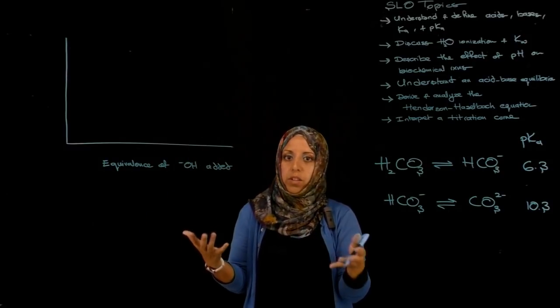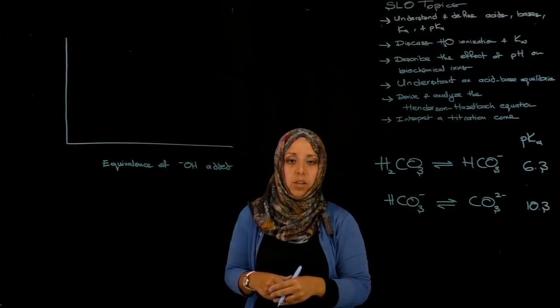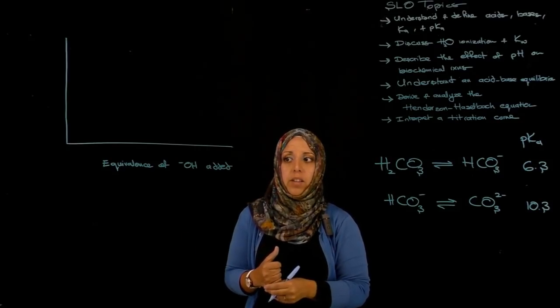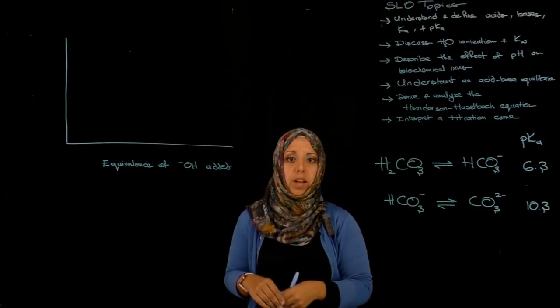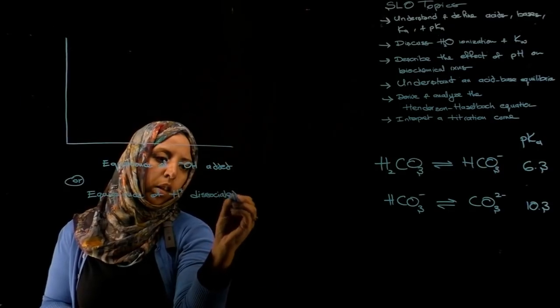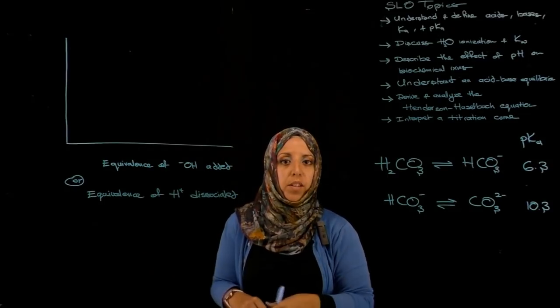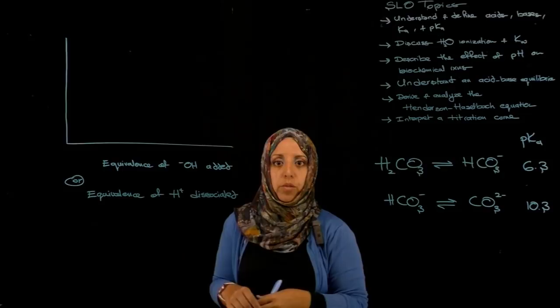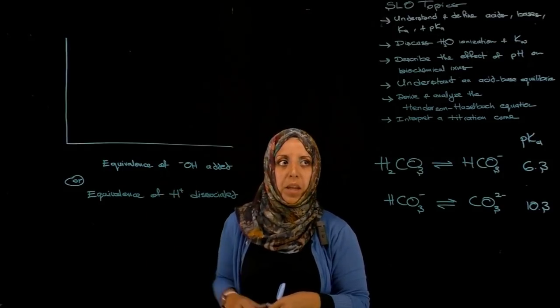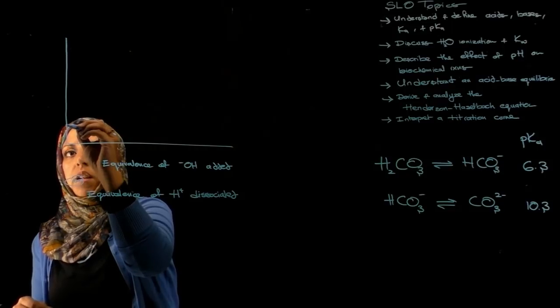When you have one equivalence of base to the acid, one of the protons will completely dissociate. Or you could think about it in terms of the equivalence of the proton that dissociated. So in other words, we're looking at how many protons dissociated, or how many equivalents of hydroxide ions we're adding in solution. So that is against pH because we're titrating, so we're changing the pH of the solution.